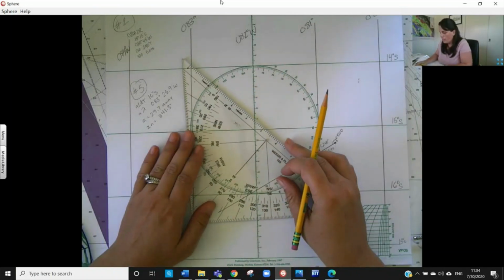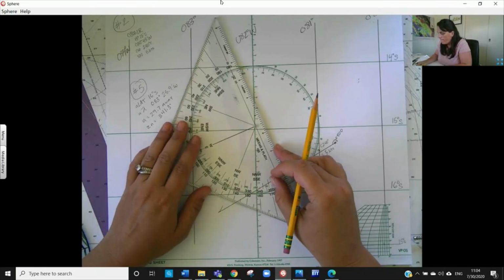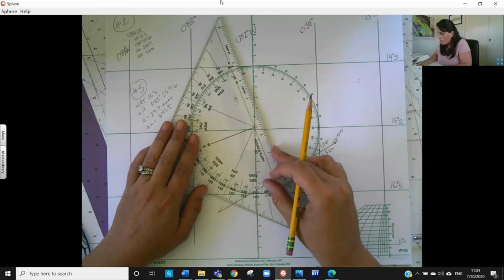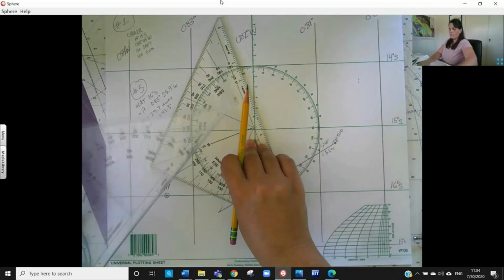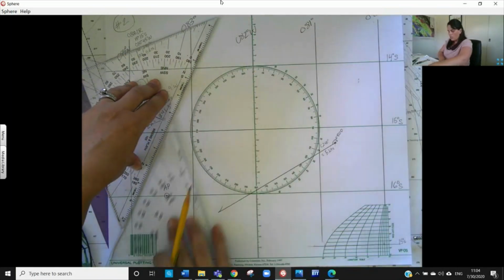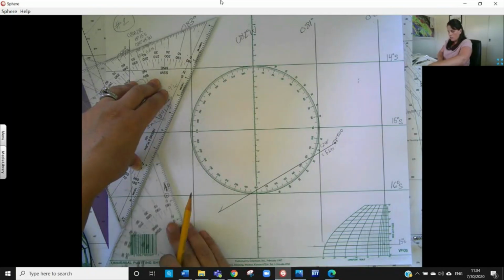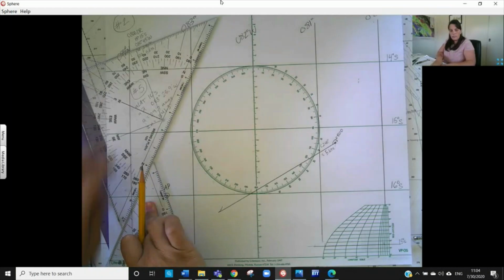So my azimuth was 341, and it was away. So I'm going to find 341. Bring that down to my assumed position.